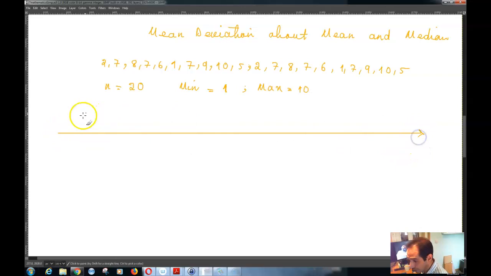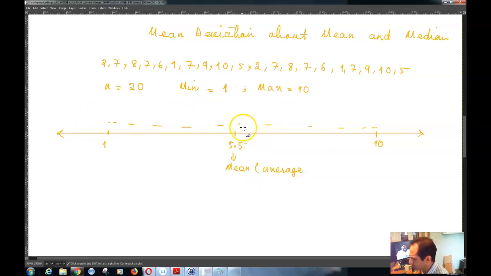So if I have a number line going from 1 to 10, the average of these two numbers is going to be somewhere about here, which is 5.5. This is the mean or the average, and your data is scattered from here all the way up to here. These are the data points that you have.